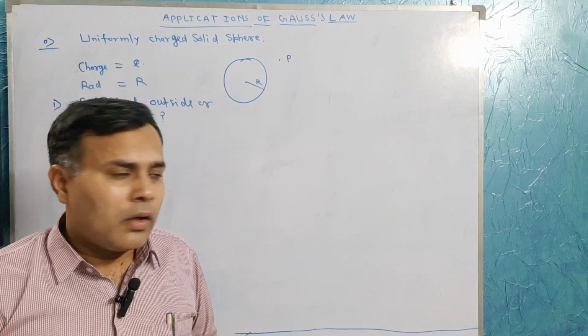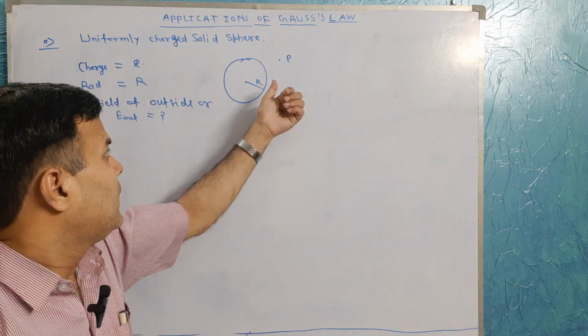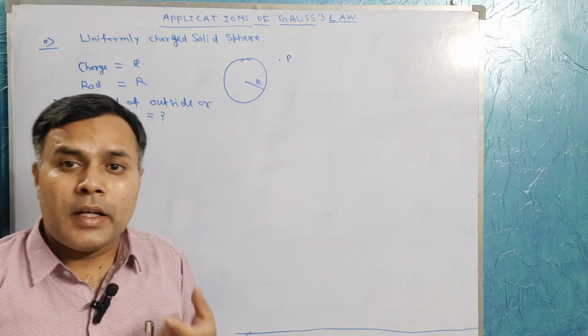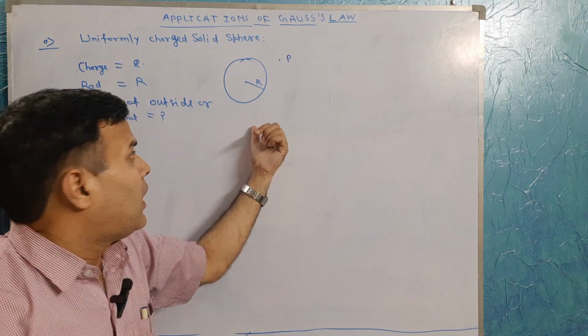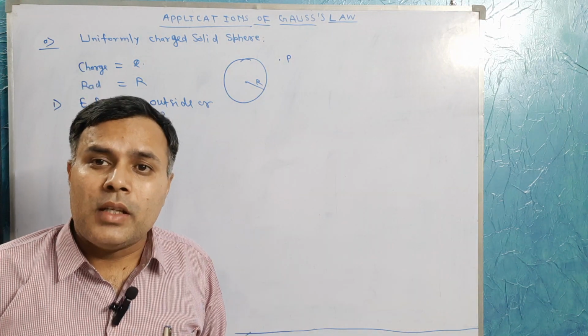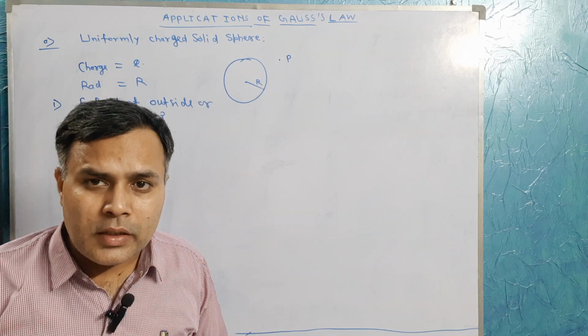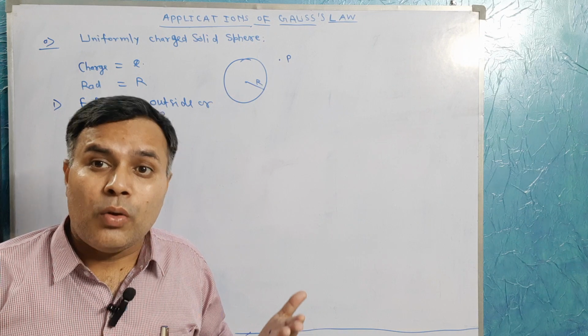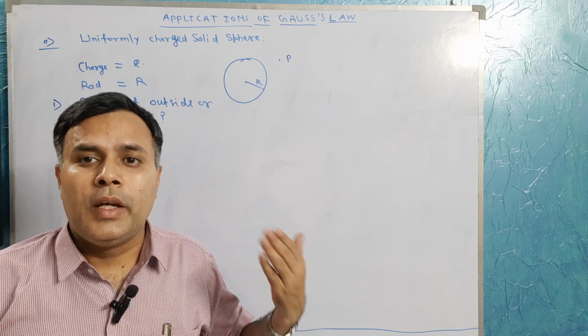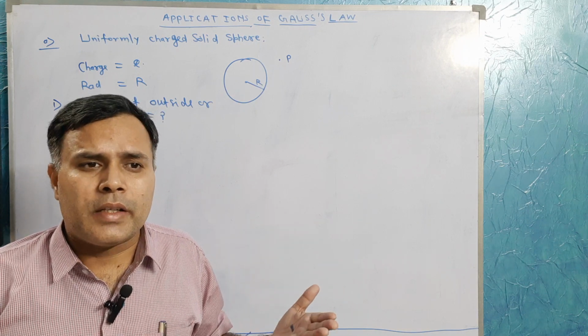Step 1 is to recognize the geometry; second, draw the corresponding Gaussian sphere; third, find the charge enclosed in that system; and fourth, evaluate the flux E dot ds.